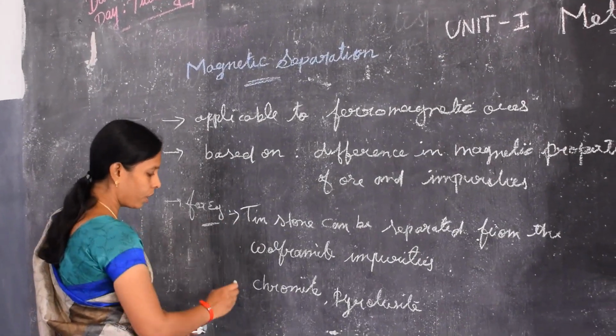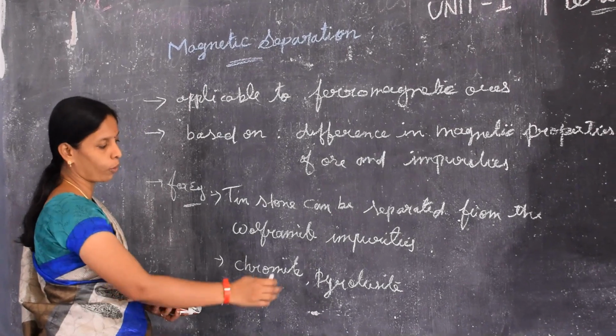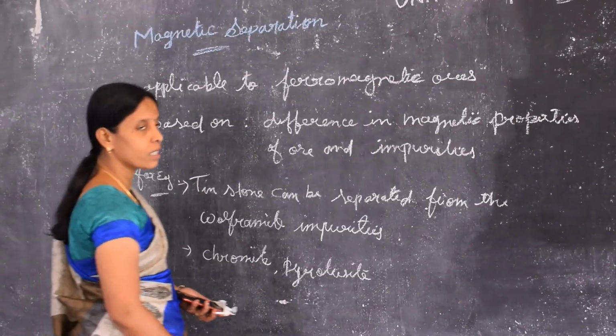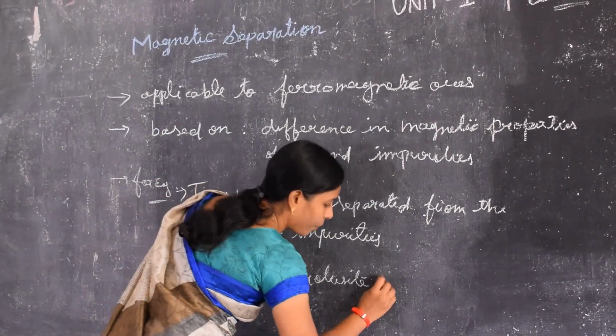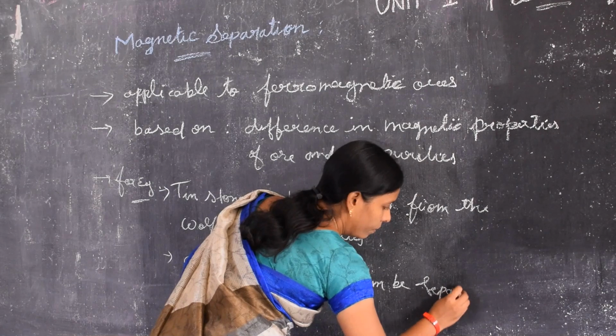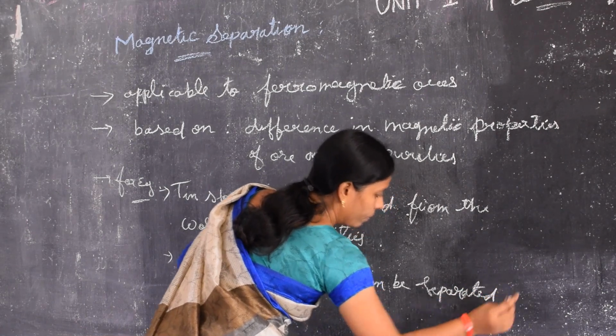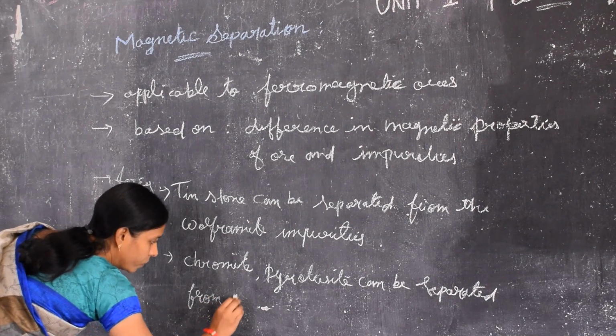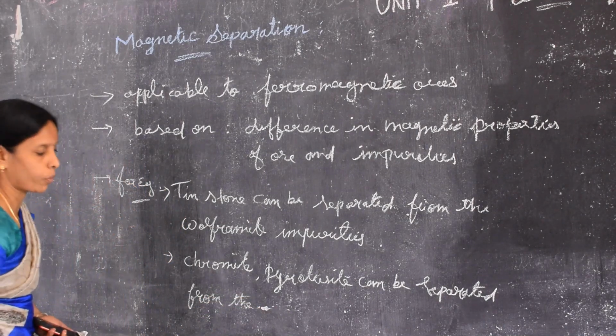So tin stone, chromite and pyrolusite can be separated from the siliceous impurities.